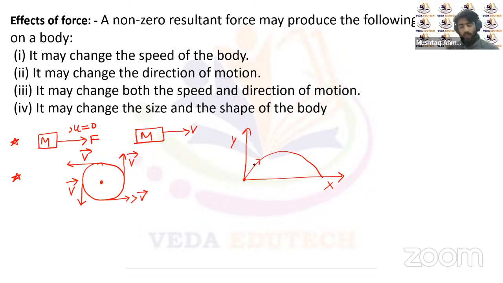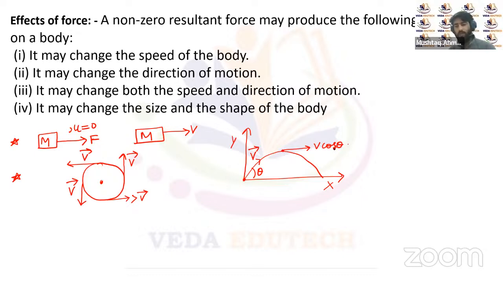At the highest point, the only velocity is v cos theta, the horizontal component. The speed at the highest point is v cos theta only, right?